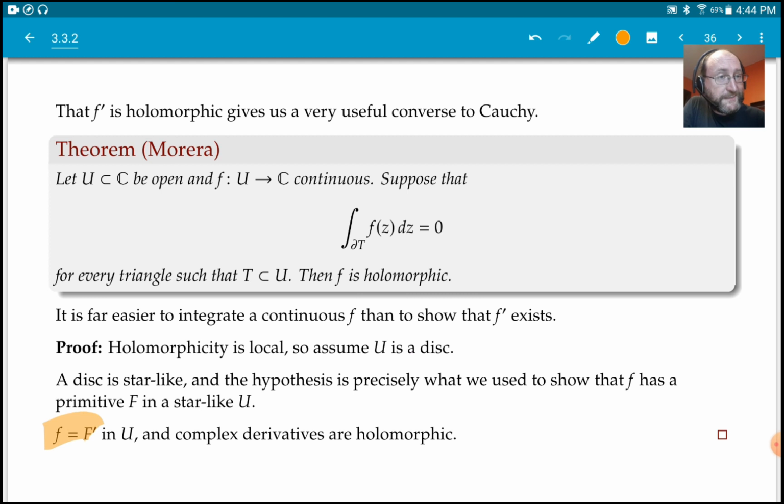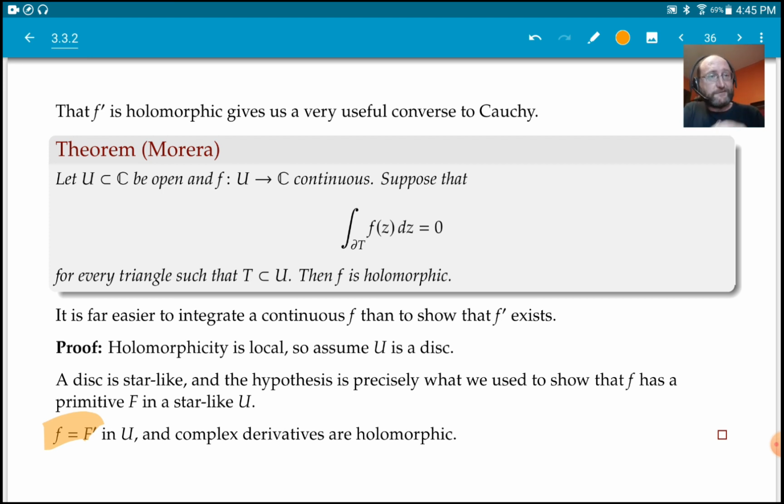All right. So now this is where we use what we've just proved before, that the derivative is holomorphic. So little f is a derivative of this big F, and therefore it's holomorphic, right? Seems to be a little bit of a roundabout way of getting it, but hey, it works.